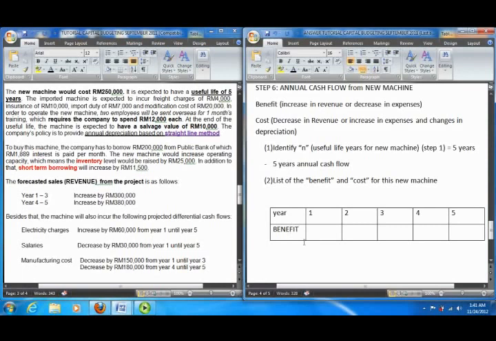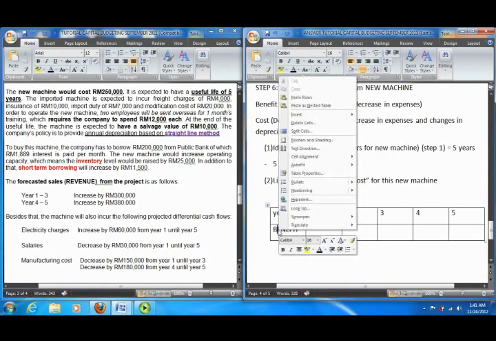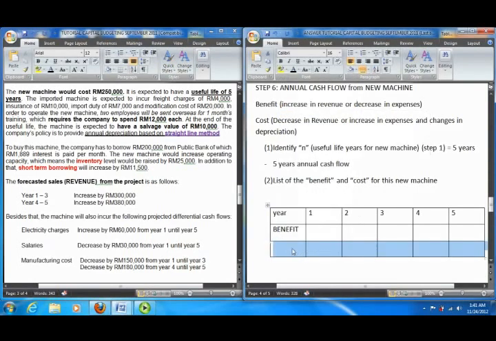Alright, first you need to list out the benefit. Okay, so add a new row. So first benefit, as you can see, year 1 to year 3 increased by 300,000. So first is your sales, correct? It is your revenue.